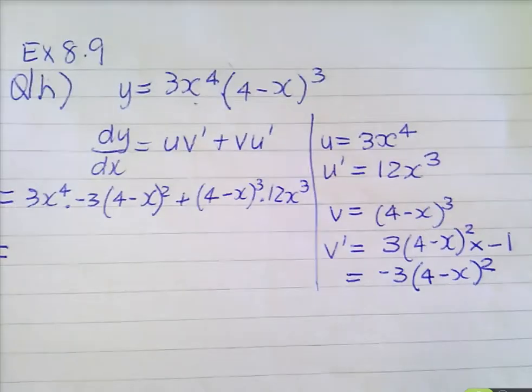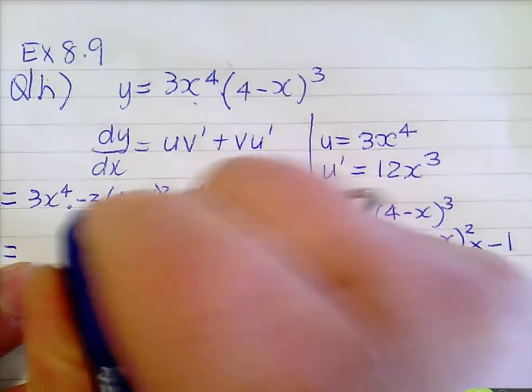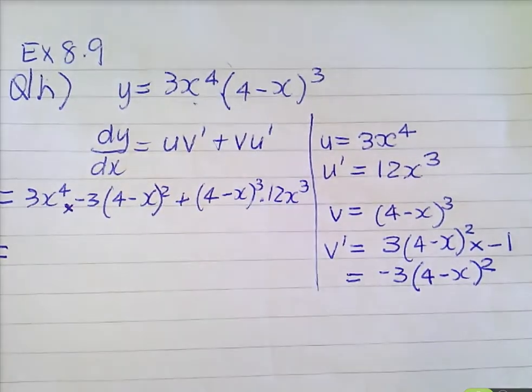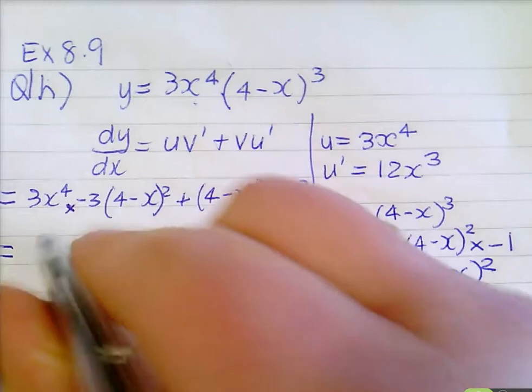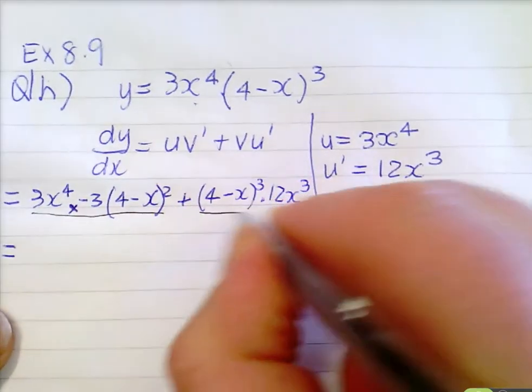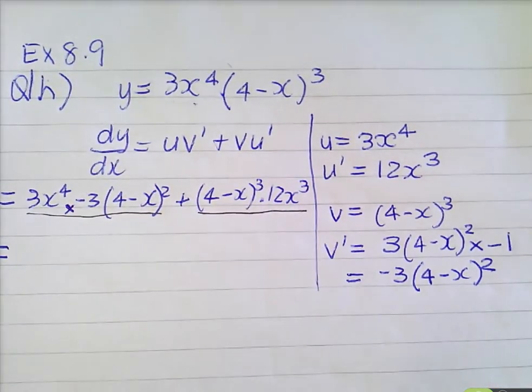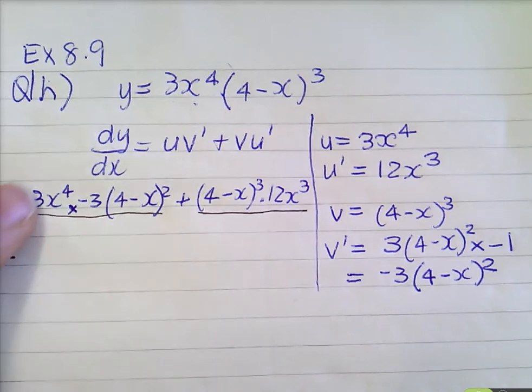Now with this one, girls, this is a times symbol here, by the way. So again, you're only going to have 2 terms. There's your first one and there's your second one, because terms are separated by addition or subtraction signs, not by multiplication symbols. That makes one term.